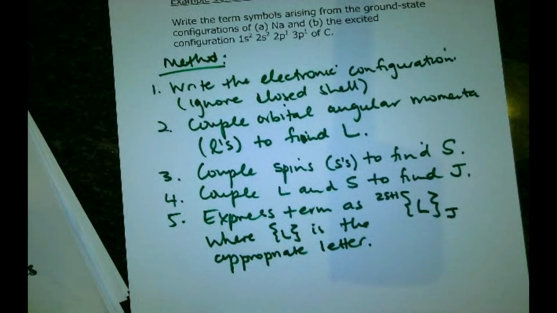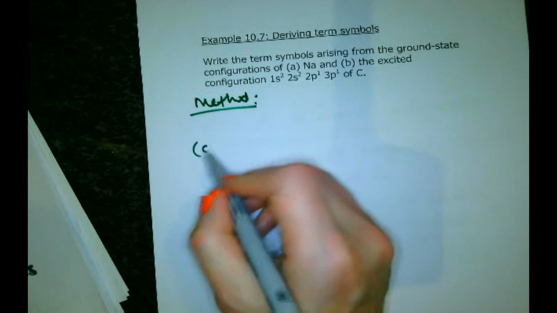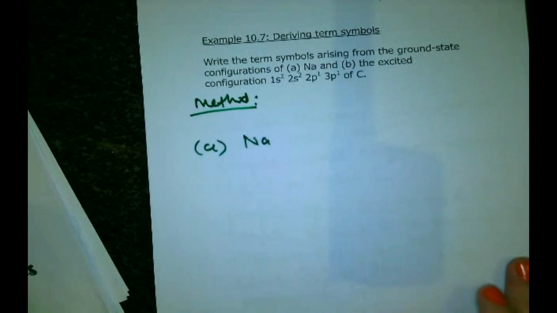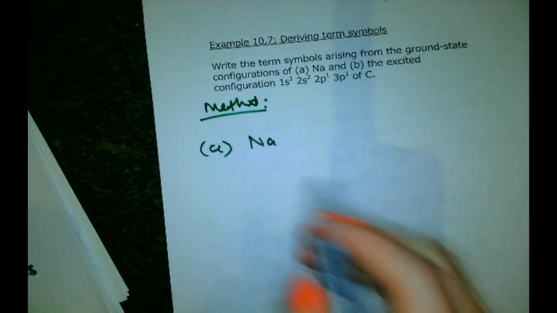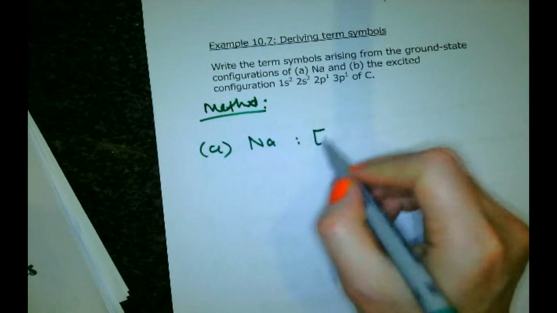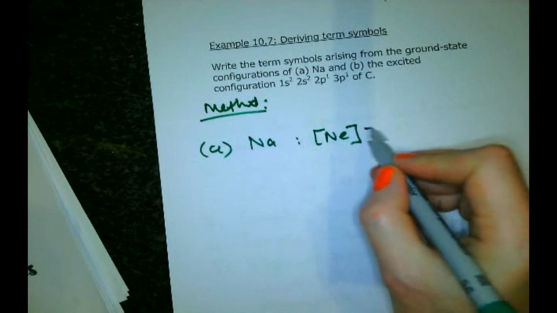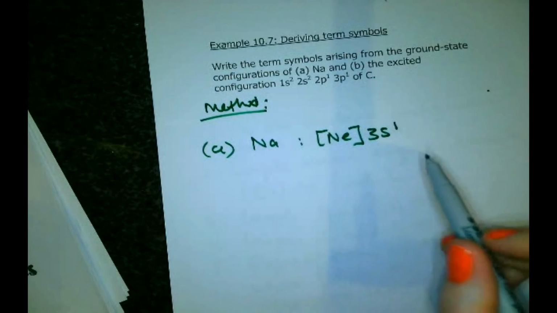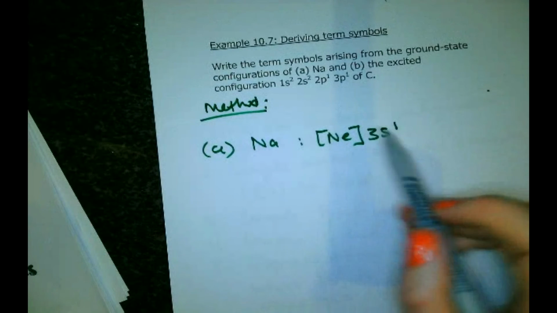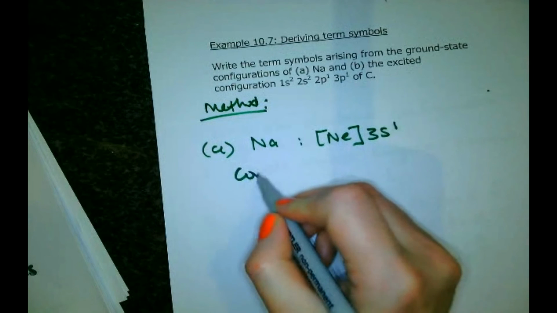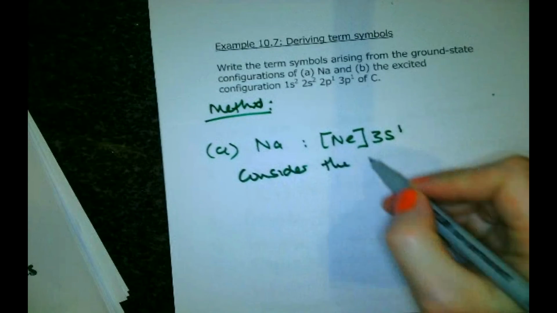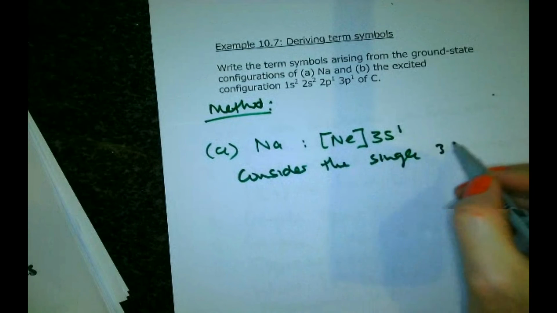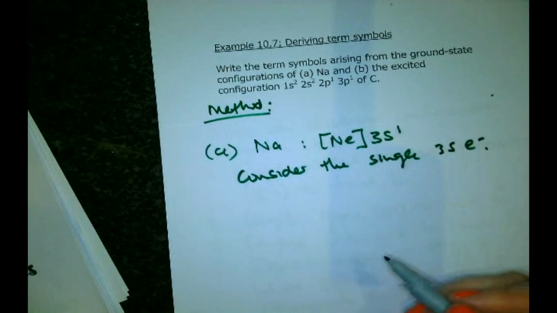So let's look at the first example, sodium. We want the term symbol for sodium. First step, write the electronic configuration. We don't consider the closed shell electrons, so we only consider the single 3s electron.